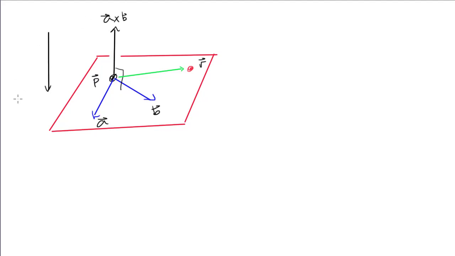Either A cross B or B cross A is fine, because whichever vector you put as your forefinger, the other vector is your middle finger, and your thumb goes up or down. I take the cross product of the two given vectors, dot it with the green vector, that dot product is 0. Remember, P points to the given point, and R is XYZ.